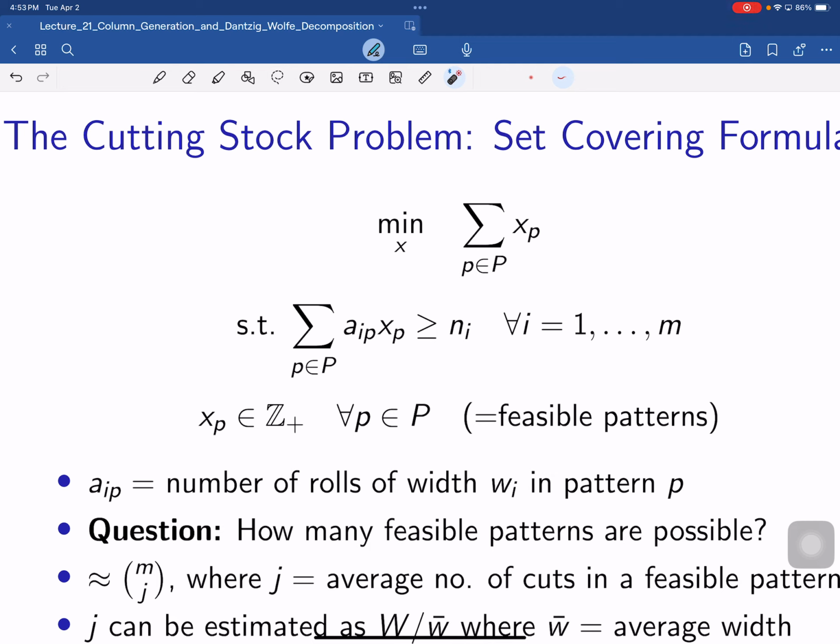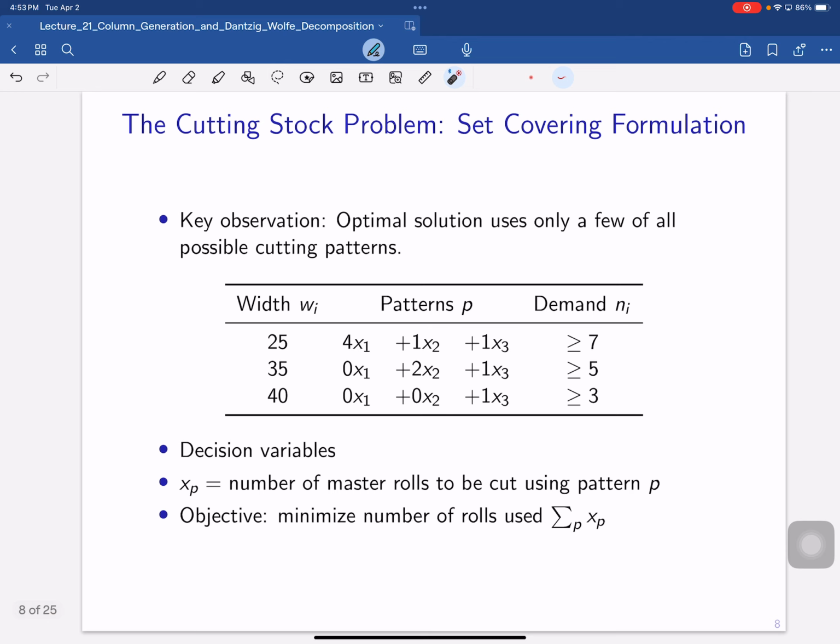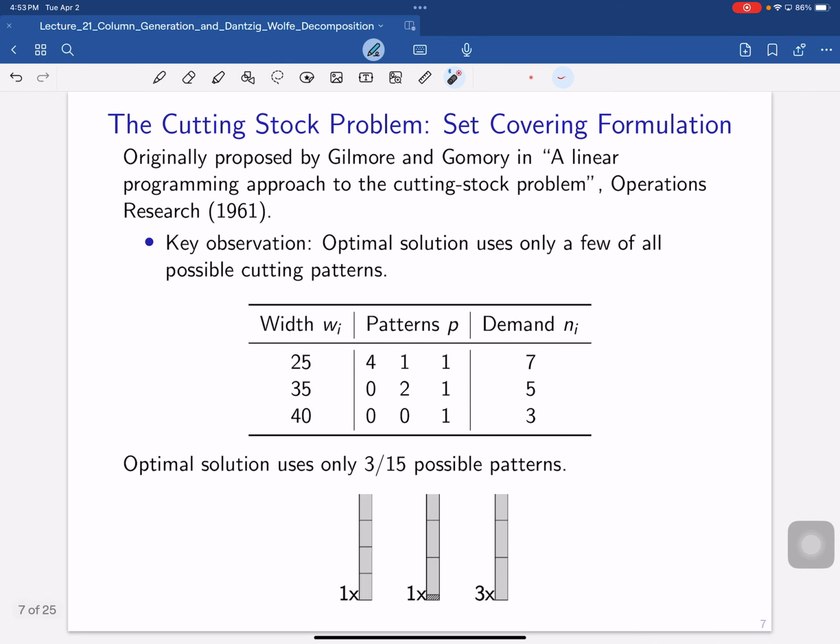And this a sub ip is a parameter. This parameter represents the number of rows of width wi in a given pattern p. So what this aip number is, they are the numbers you have in this table, right?